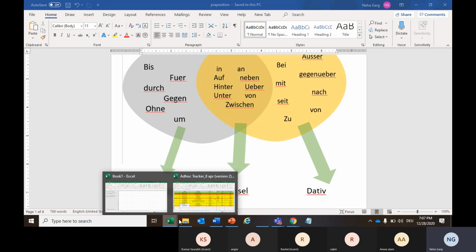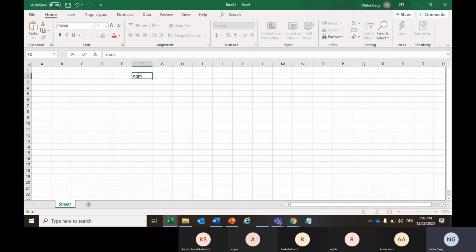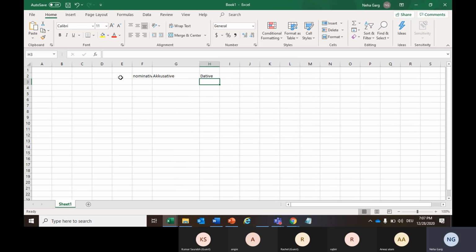So before we proceed, just to show you one table which we are all aware about: nominative, accusative, and dative. So we have here the masculine, feminine, neutral, plural.